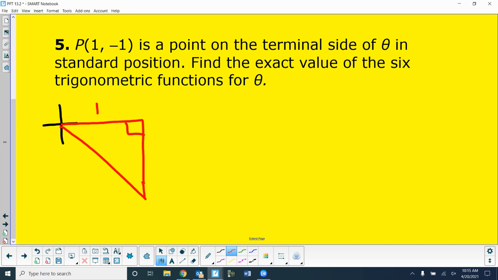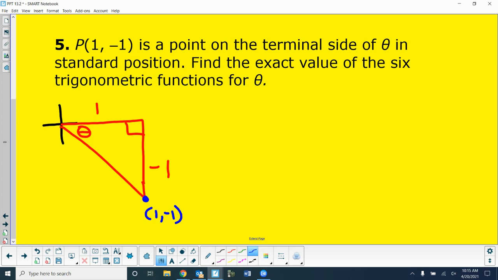What's this length? -1. Where's theta? At the origin. Good. That's our picture for that problem, right? The point, P, that's the point right there, 1, -1.